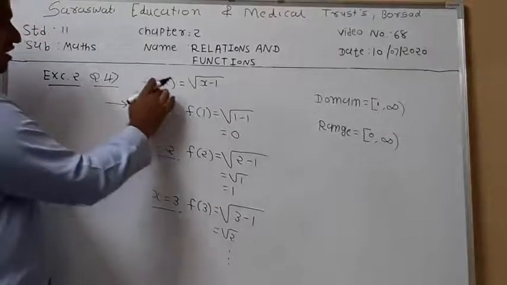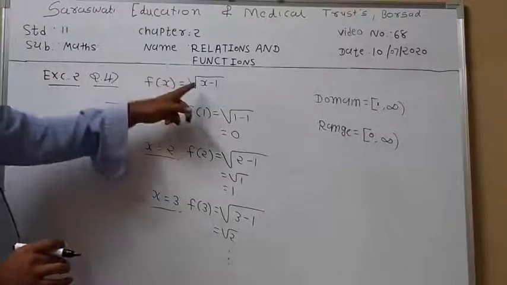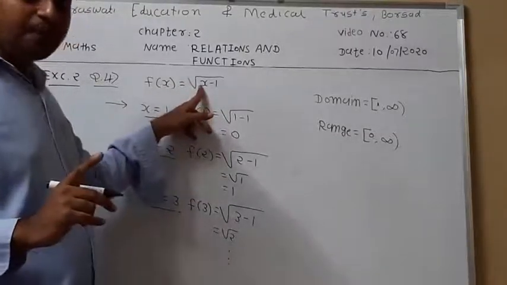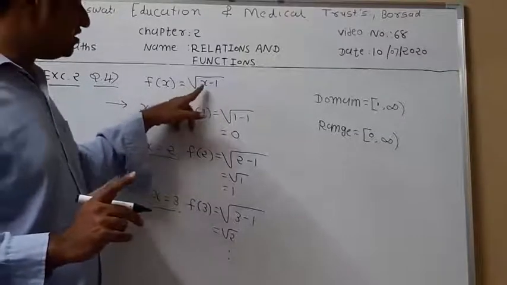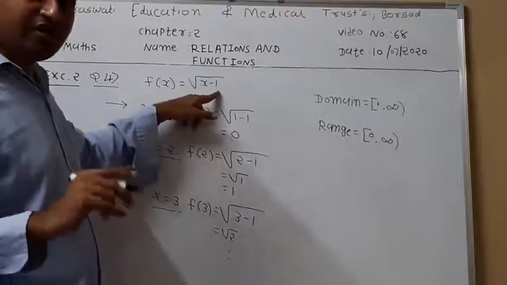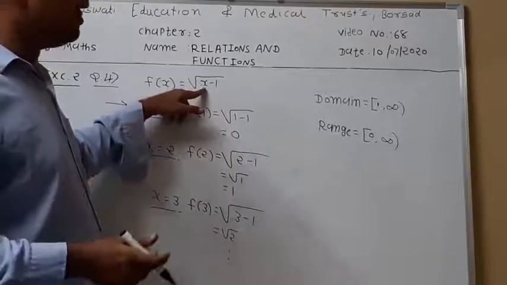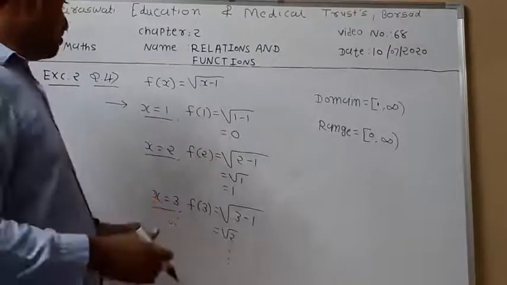So once again, f of x is equal to under root x minus 1. Here if we substitute any negative value, we get a negative value under the root, so this is not possible. Also if we substitute 0, 0 minus 1 is again negative, so not possible.